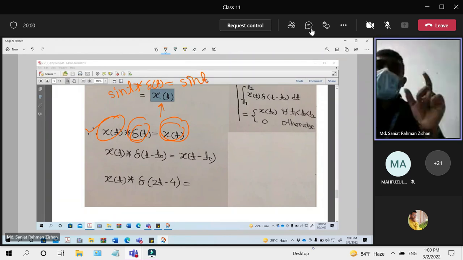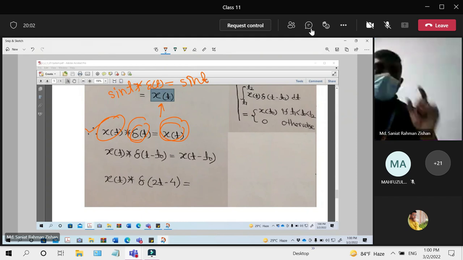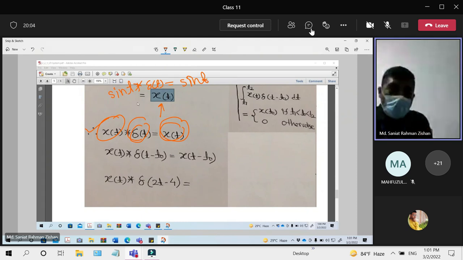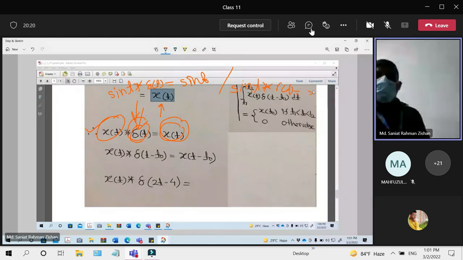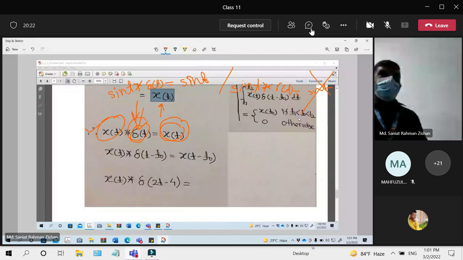But when you apply this formula, you need to remember that this formula is applicable only for the impulse function del t. If there is ut, rt, like if I ask sin t convolution rt equals what, then I cannot say it will be equal to sin t. That is the wrong answer.